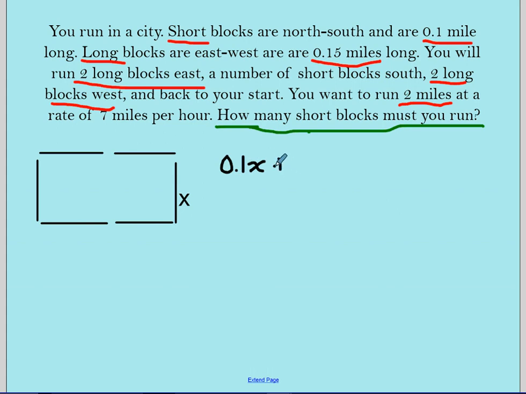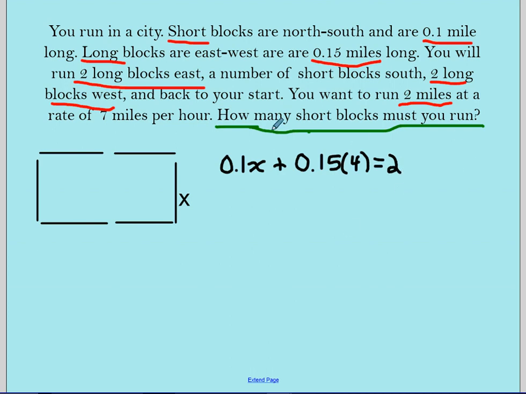I'm going to add this information to how many long blocks I'm going. Long blocks are 0.15, and I am multiplying them by how many long blocks I am running. In this case, I'm running 2 plus 2, so 4. And then in total, I am running 2 miles.